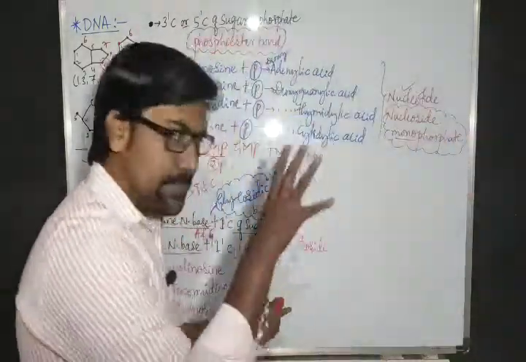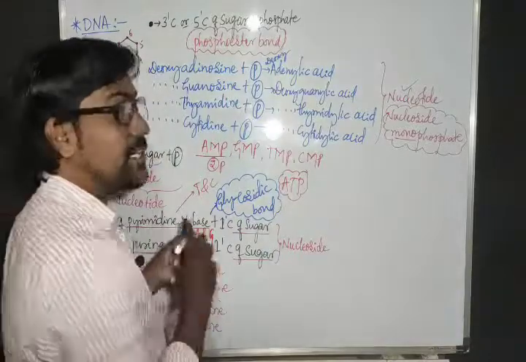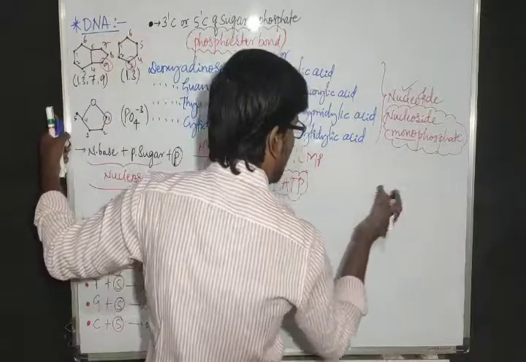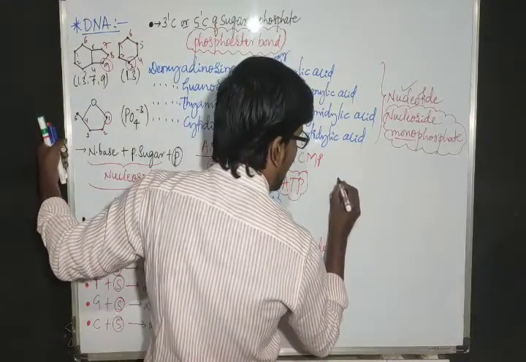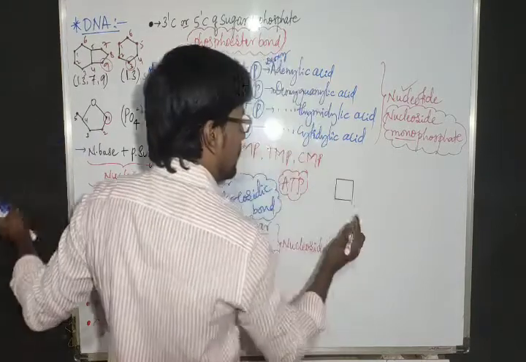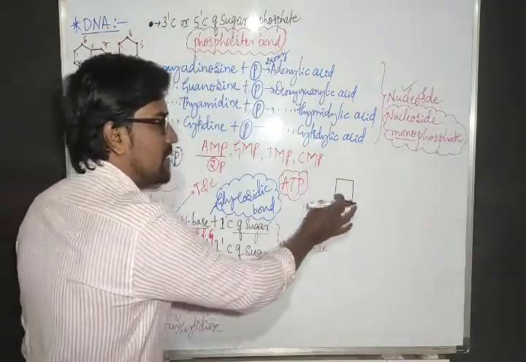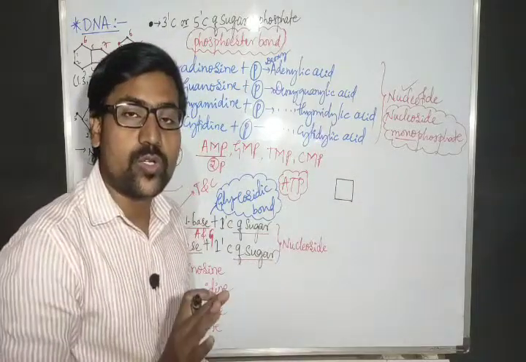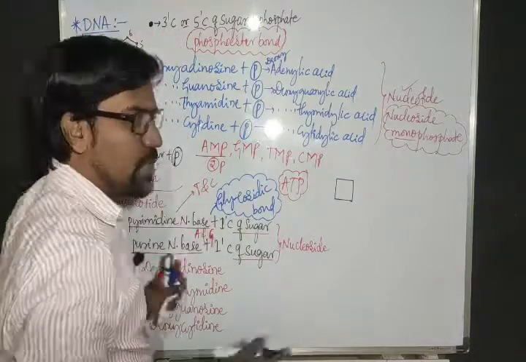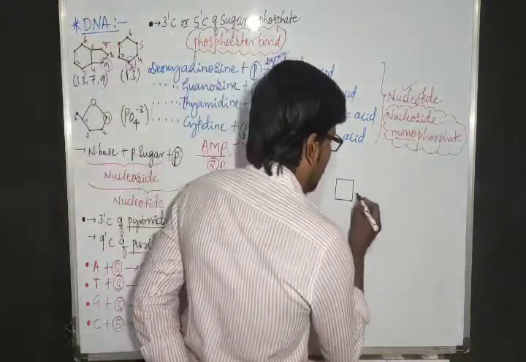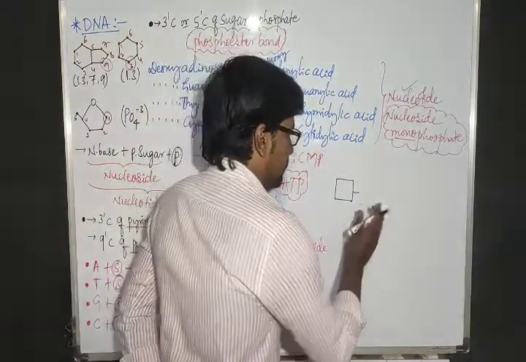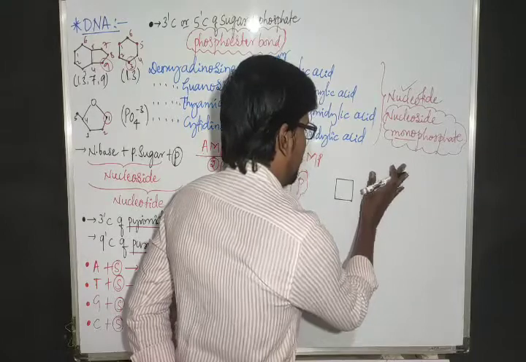Now, simply I am mentioning here how a nucleotide will be looking. This square means one nitrogen base, any one nitrogen base, either purine or pyrimidine, whatever it is. Now, nitrogen base combines with what?